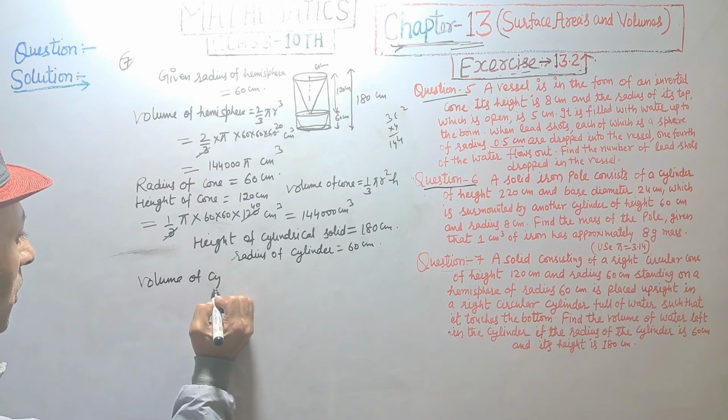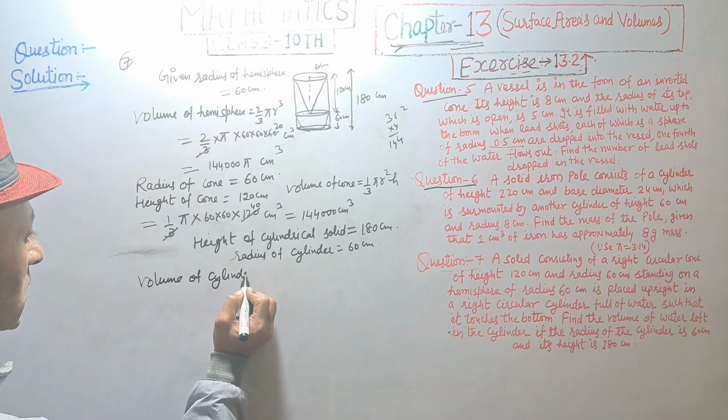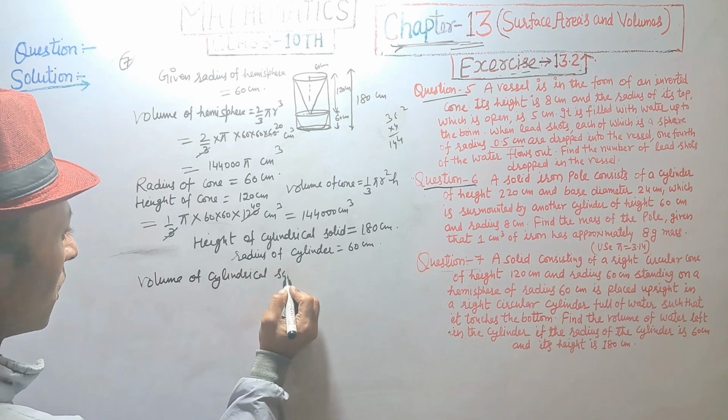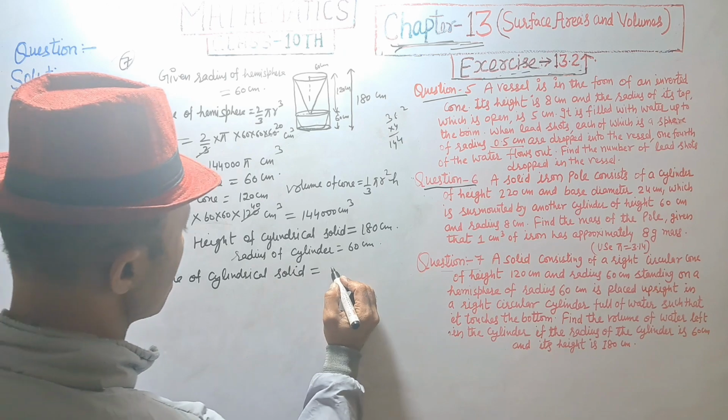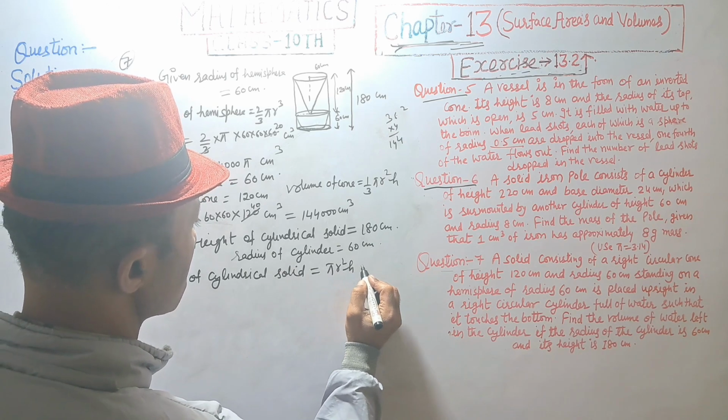Volume of the cylindrical solid is equal to pi r square h.